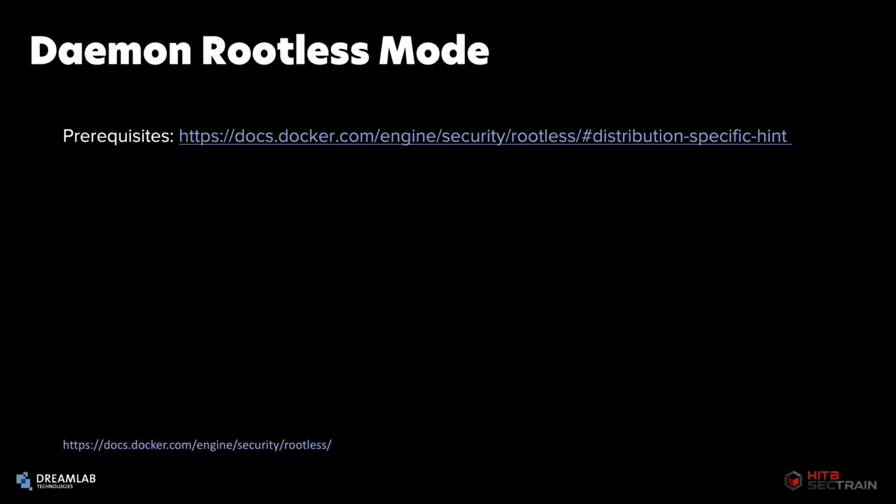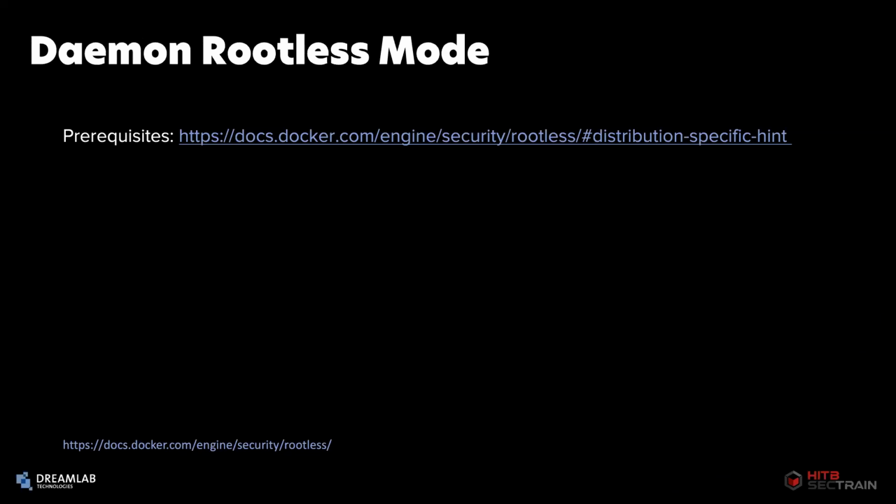There are a couple of prerequisites that we must meet to install the rootless kit that vary depending on the Linux distribution of the host machine. Here in this link, you can find them. But for example, if you're using Ubuntu or Debian as your host machine, nothing else is required.